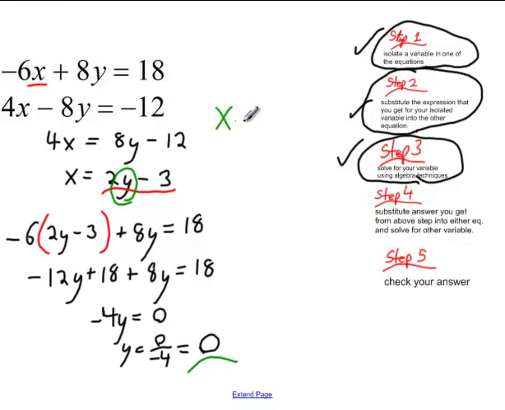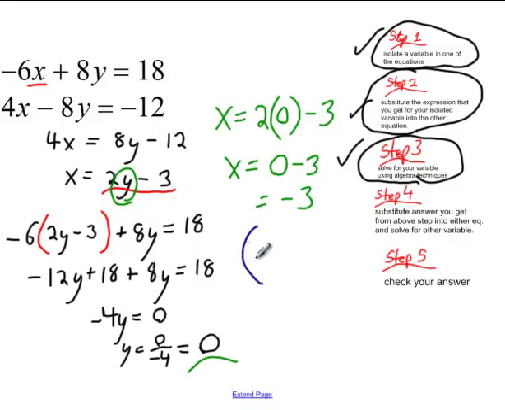So we'll say x is equal to 2, and now instead of y we're substituting in the 0, minus 3. Therefore my x is equal to 0 minus 3, which is equal to negative 3. So I get my point as being, for x, negative 3, for my y, 0.